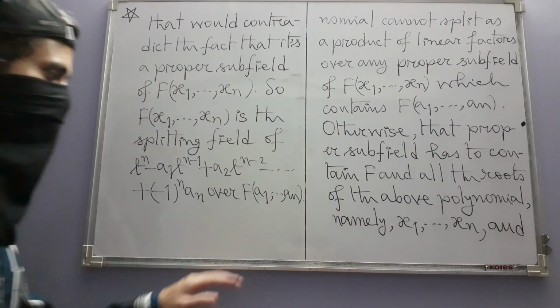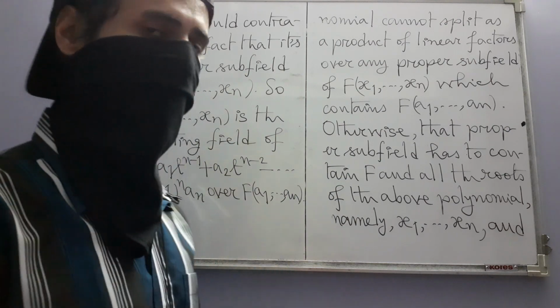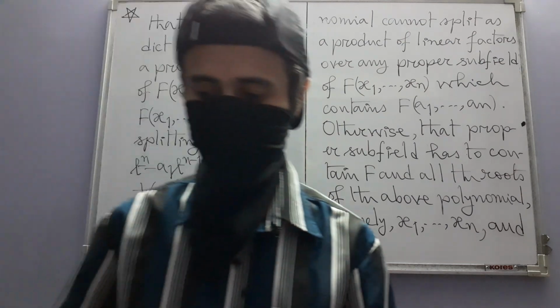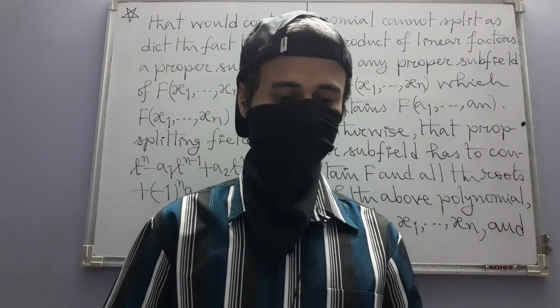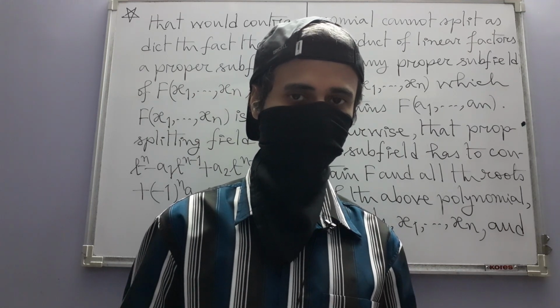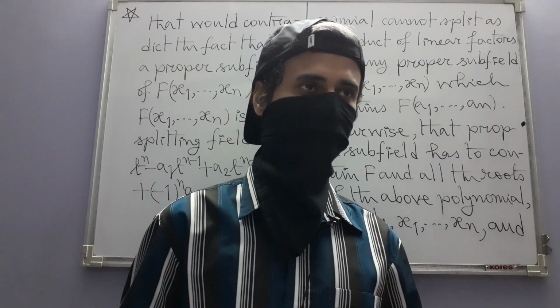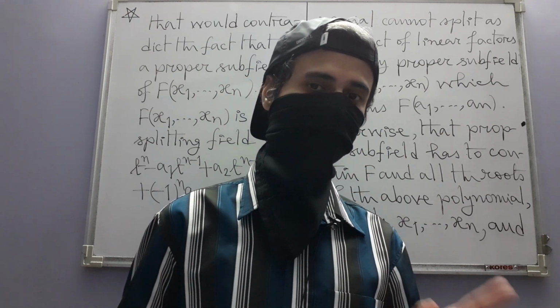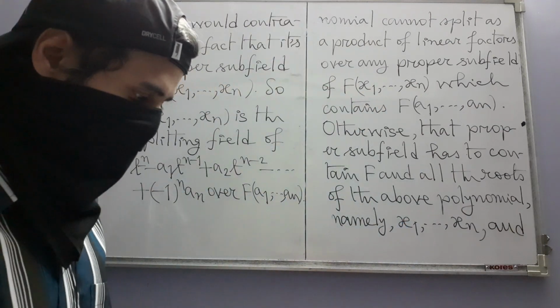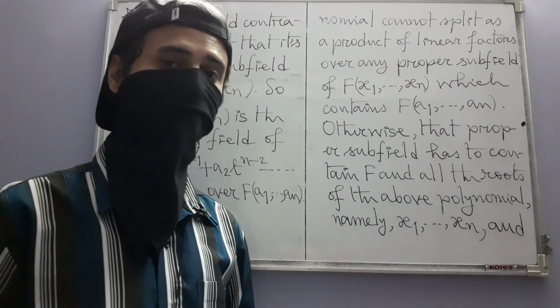And now we recall a result about splitting fields, and that result is that the splitting field of any polynomial of degree n over any field has degree at most n factorial over the base field, and this result was Theorem 5.3.2.